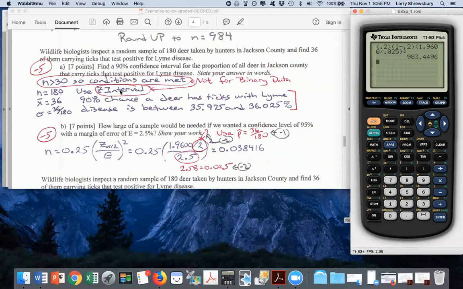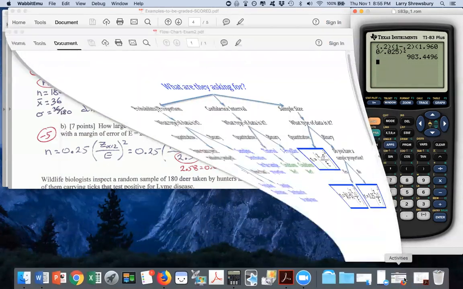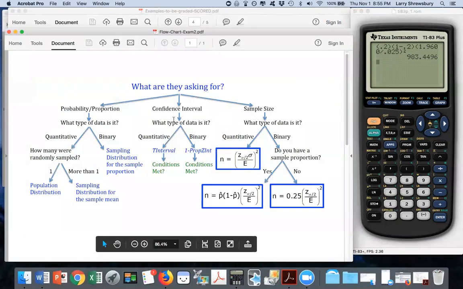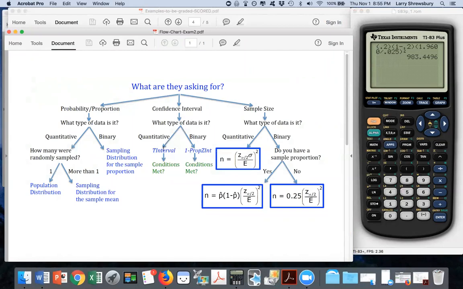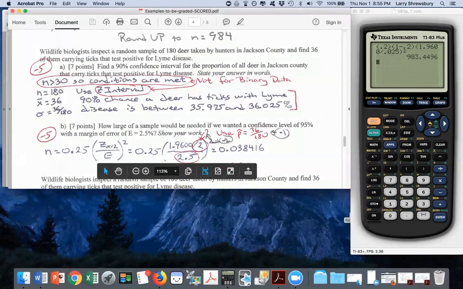Z interval is for quantitative data, not categorical binary data. So this is a huge blunder, all because they weren't clarifying what type of data they had. Now, if they had been practicing with their flow chart and recognized it as binary data, they would know to use 1-PropZInt. And so they're not even using T interval. They're using Z interval, which we don't even use on this test. Oh, and then they're saying, now no, look at this interpretation.